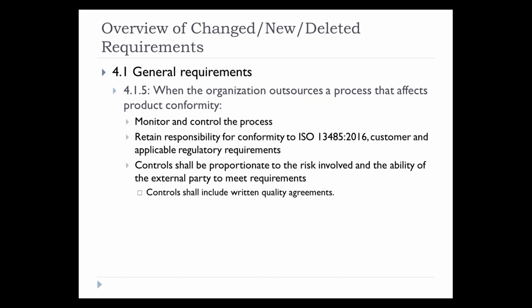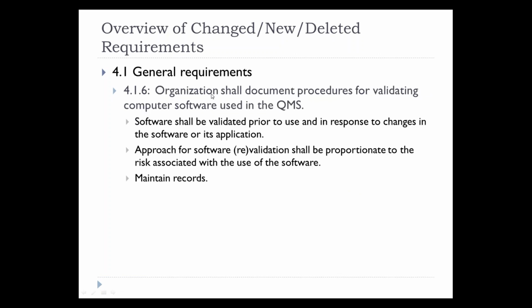So it's going to depend on the risk and the level of control that you have. But some of your controls need to include written quality agreements. So again, a risk-based approach here. Depending what you outsource and the risk associated with that, the level of control should be proportionate.